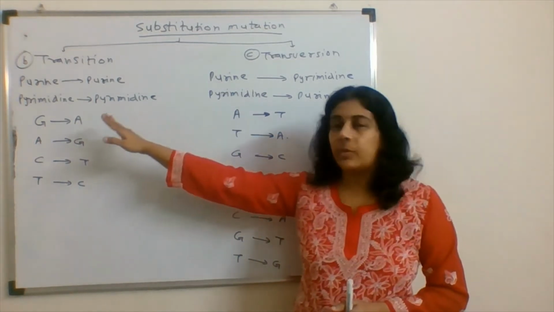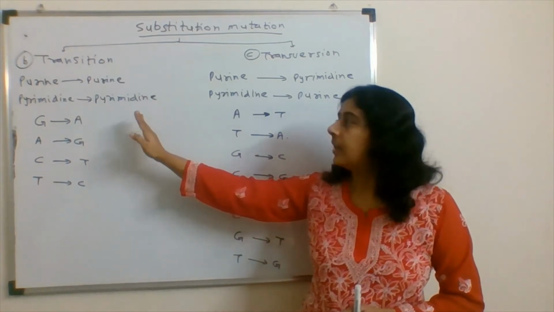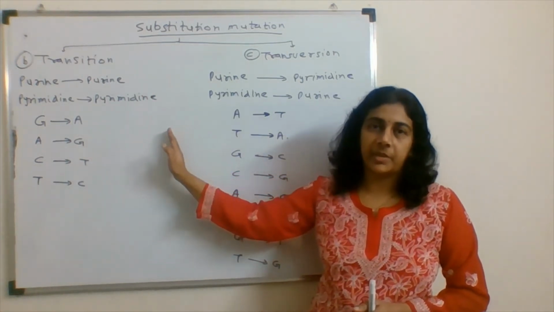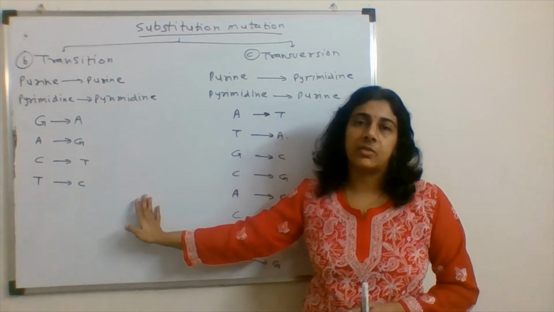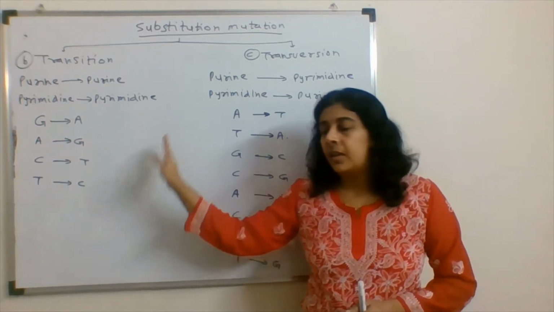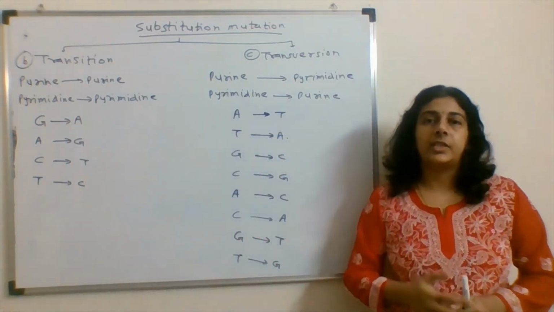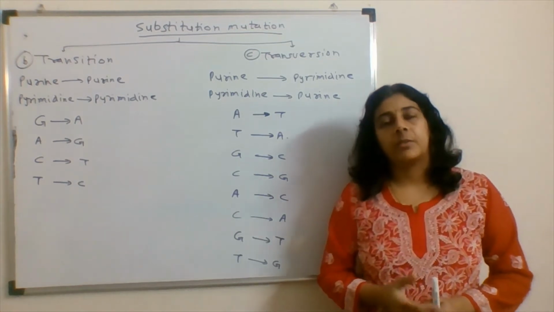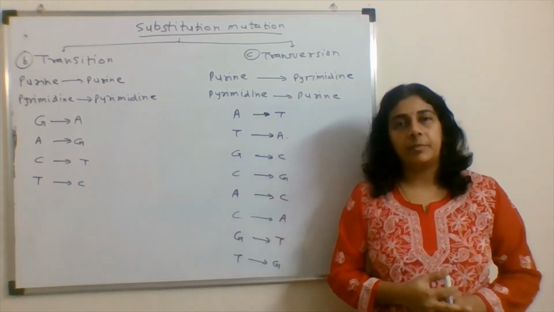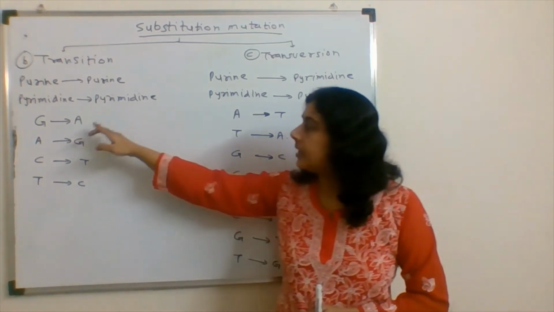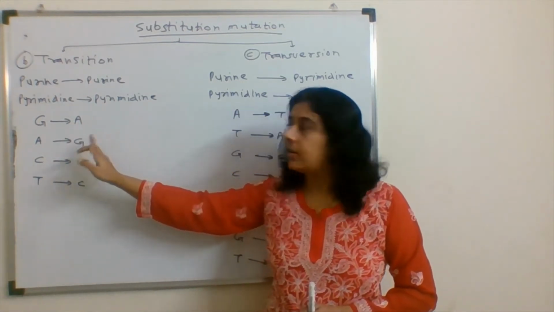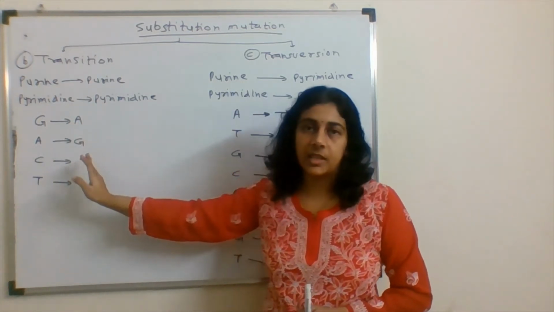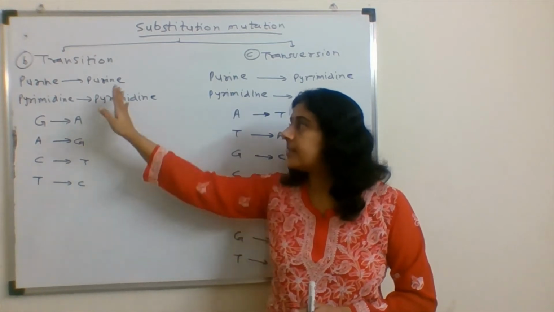When a purine is replaced by a purine and a pyrimidine is replaced by a pyrimidine, the type of mutation is known as a transition. We know that A and G are the purines, whereas C and T are pyrimidines. So the replacement of G to A or vice versa, A to G, we call a transition.